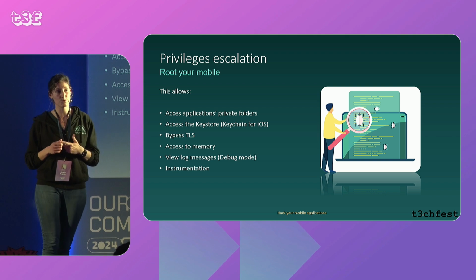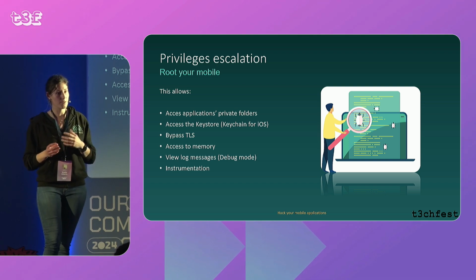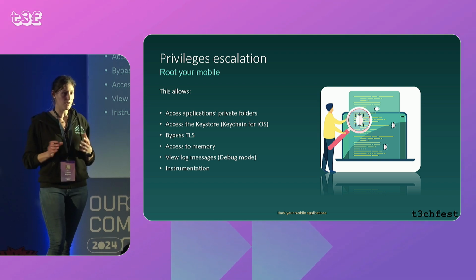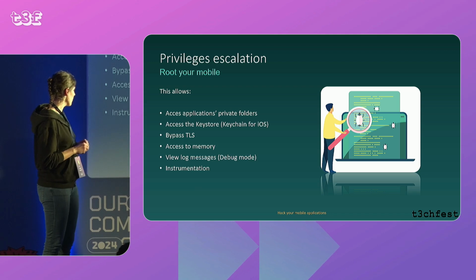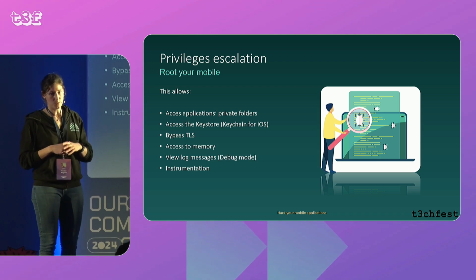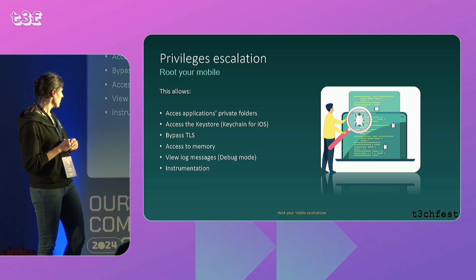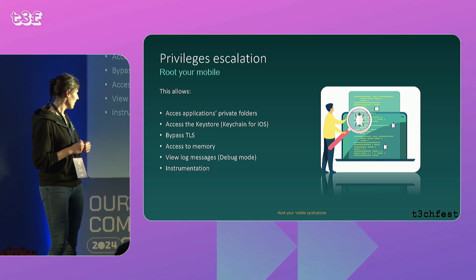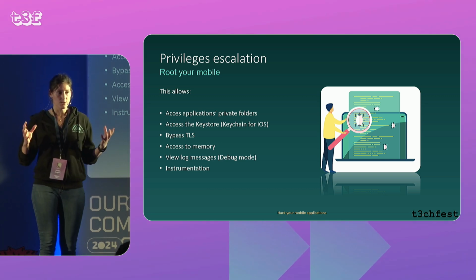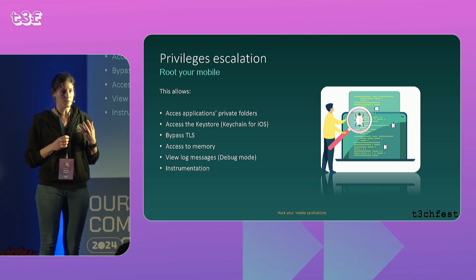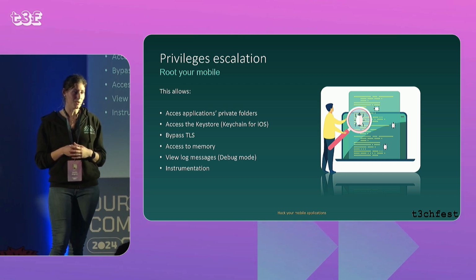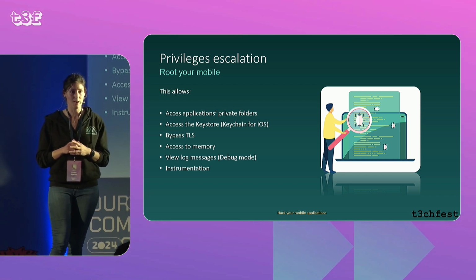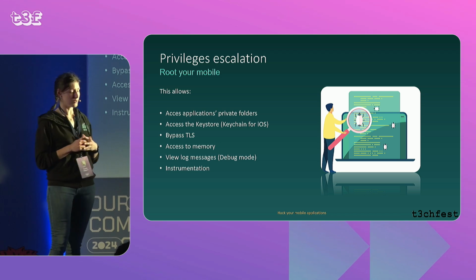It also allows you to bypass TLS and see everything that goes in and out of the smartphone, as well as everything that is in memory, which you will see later, and all the logs when you're in debug mode. With all of this you can instrument your smartphone, and that's how hackers can do something on your smartphone.